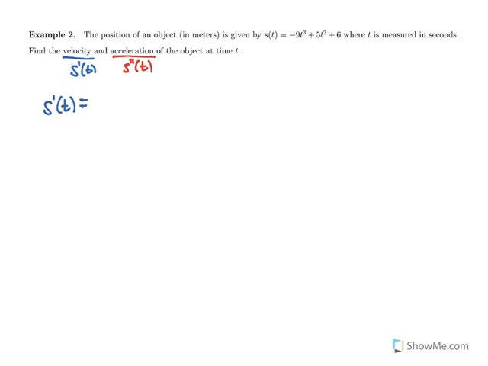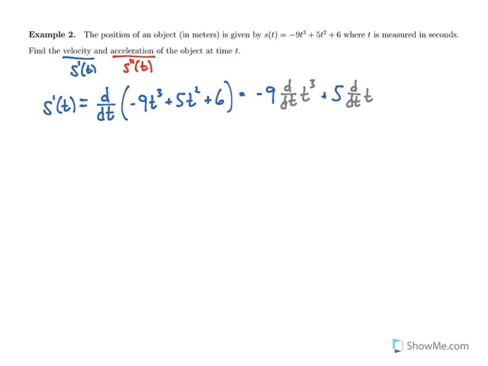That's going to be equal to the derivative d/dt of negative 9t cubed plus 5t squared plus 6. So we'll write that as negative 9 times the derivative of t cubed plus 5 the derivative of t squared plus the derivative of 6.